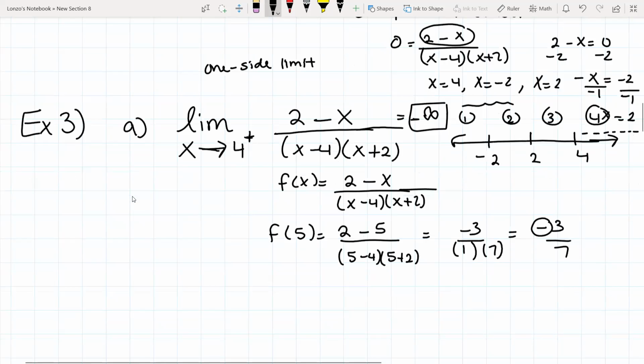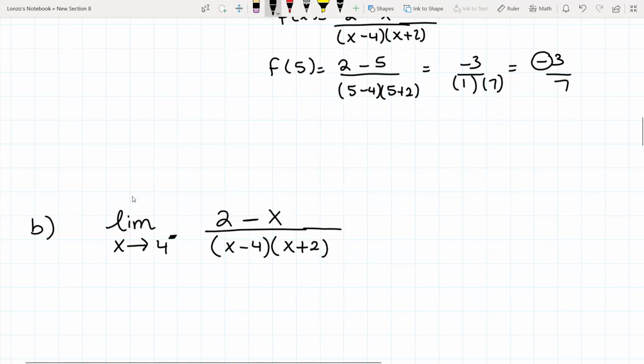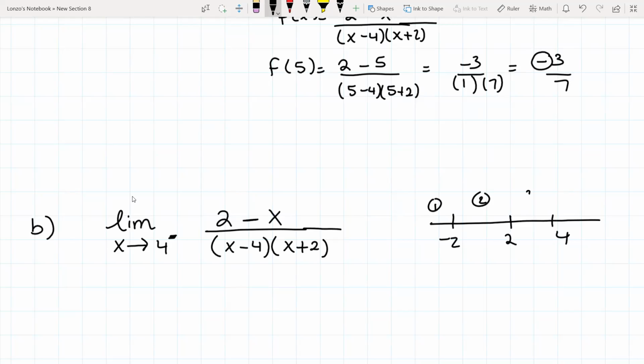Now, let's do B. 4 to the left. So here, there's 4, there's 2, there's -2, right? 1, 3, 4. So 4 to the left, so that means we only care between boundary 3, right?